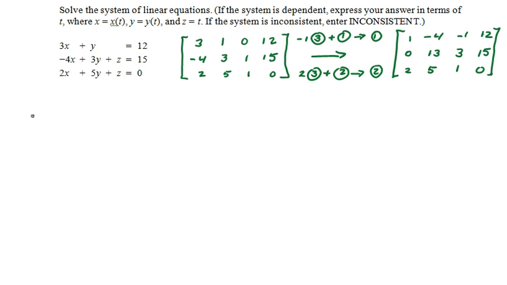Now I'm going to take -2 times row 1 and add that to row 3 and put that into row 3.